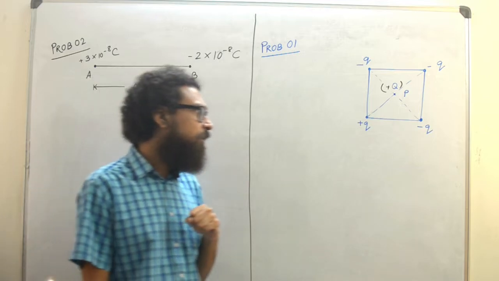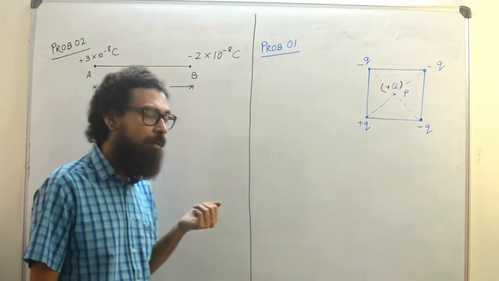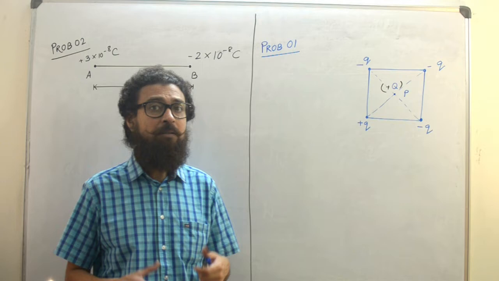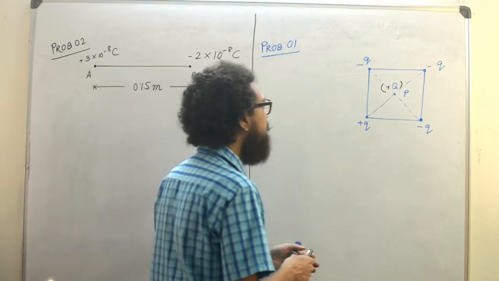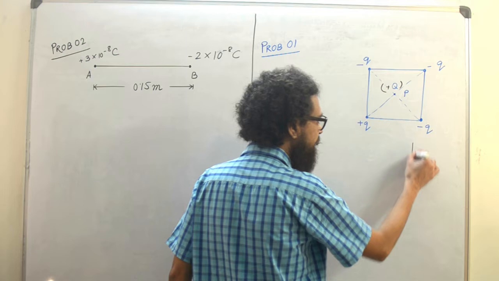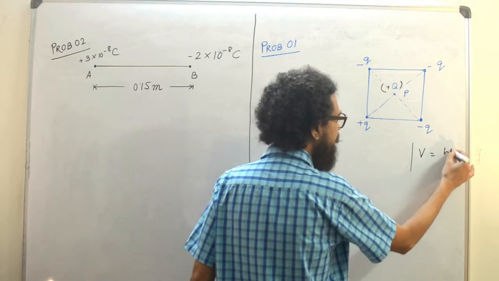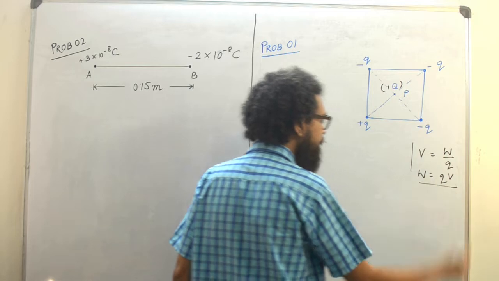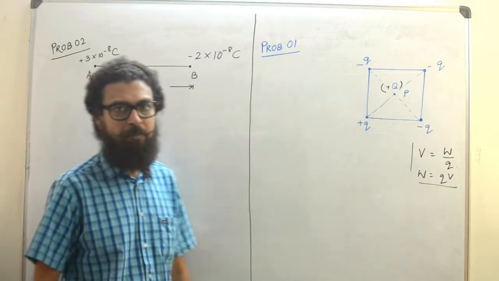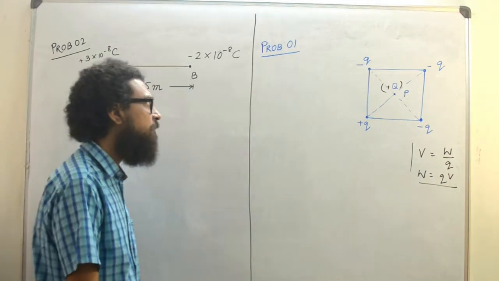Okay, in order to solve this problem, they have asked us to calculate the work done. So let us first summarize a few things. We have V equals W by Q, so work done is QV. This is a very usual formula that you know already from your lower classes.